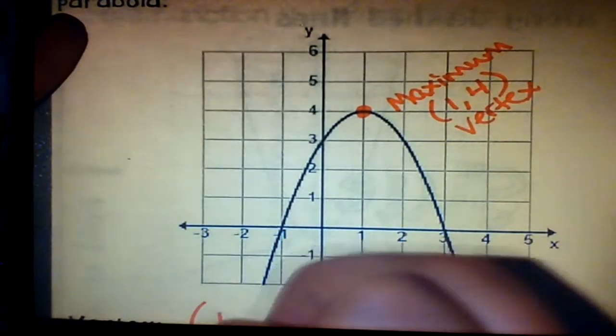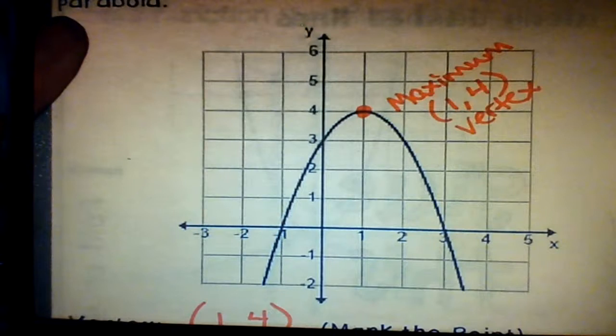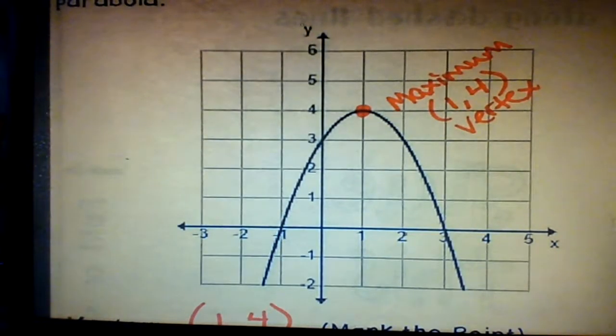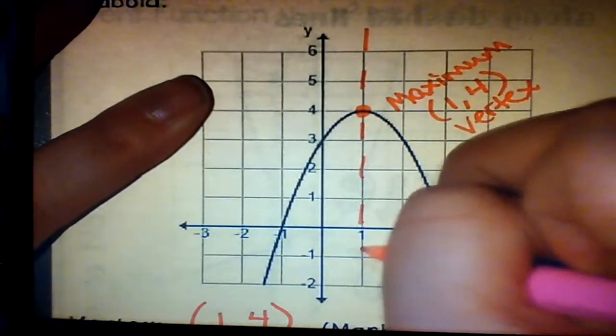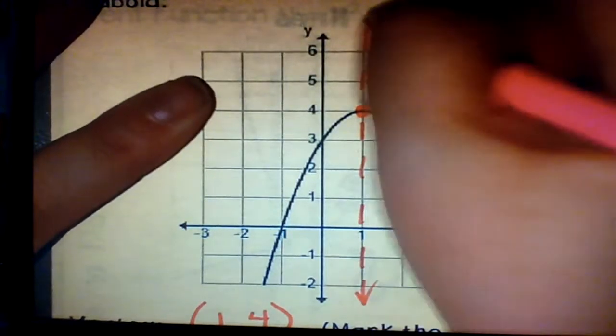Your vertex is where your graph can be cut in half and be symmetric. So I should have a vertical line that comes down through this point. That's your axis of symmetry.